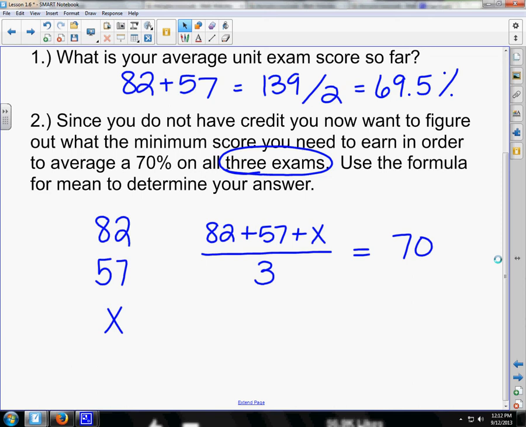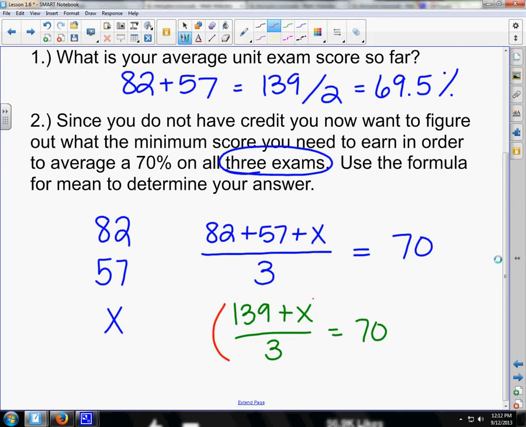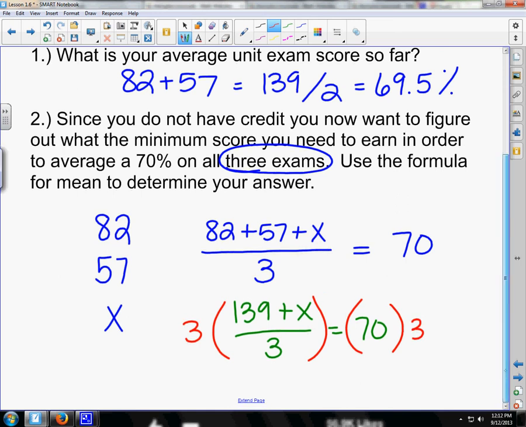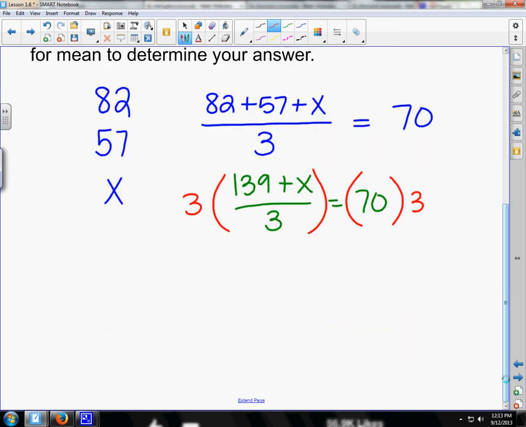Okay, so what I would do is add 82 and 57, which is 139, plus x, divided by 3 equals 70. Then I want to get rid of this 3. So I'm going to multiply both sides by 3 to get rid of that in my denominator, if you remember that from last year. Those cancel out.